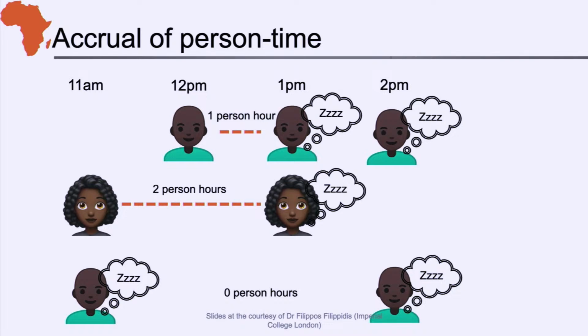If I could add, if this wasn't sleeping sickness and it was HIV, once somebody gets HIV, let's say at 1 p.m., at 2 p.m., it's not a new HIV, it's the same. Yeah.